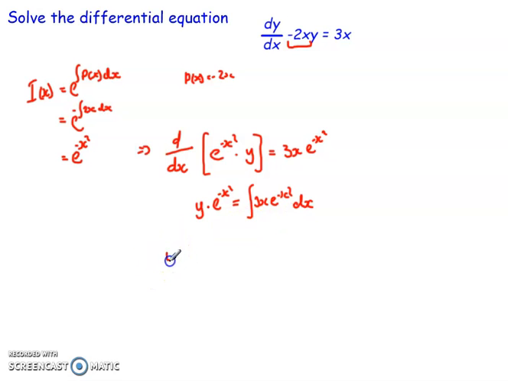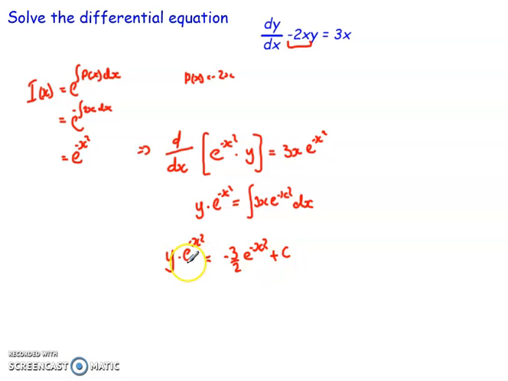And if I were to do that, I'd end up with y times e to the negative x squared equals negative 3 over 2 e to the negative x squared plus a constant of integration c.